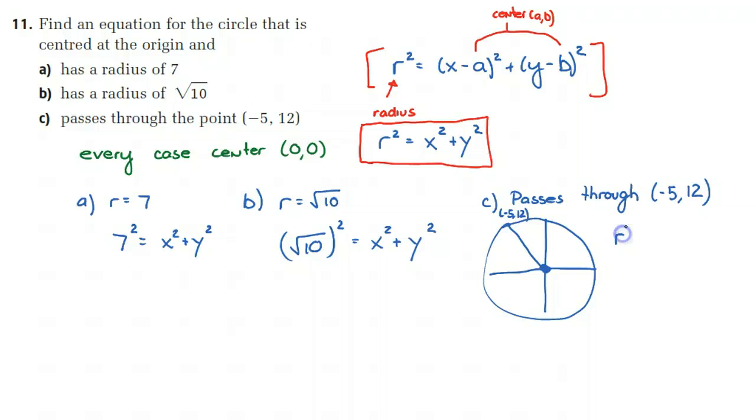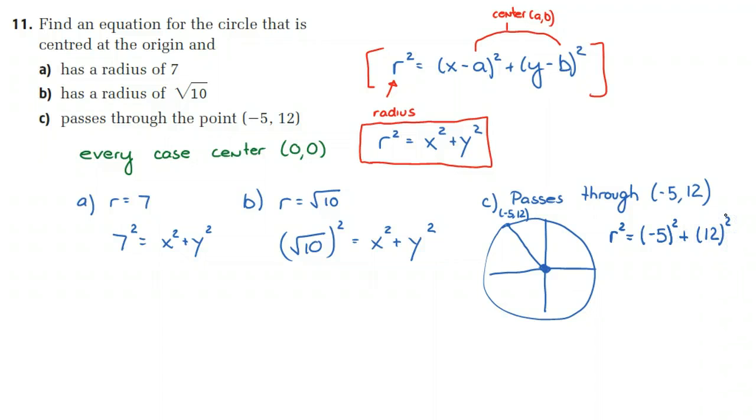So the radius squared is equal to the distance between these 2 points. Actually, let's do this. The radius squared is equal to, if we travel across, negative 5 squared plus 12 squared.